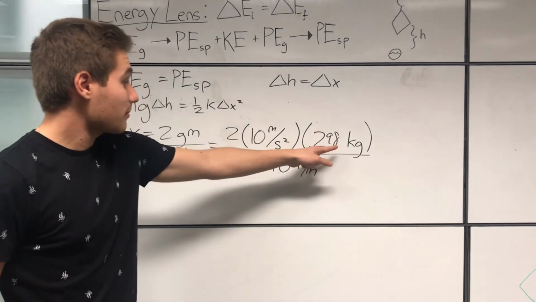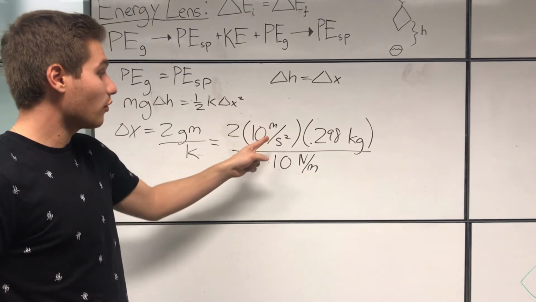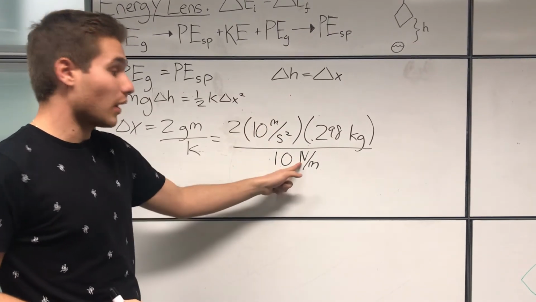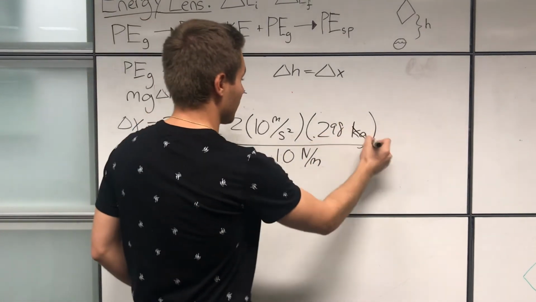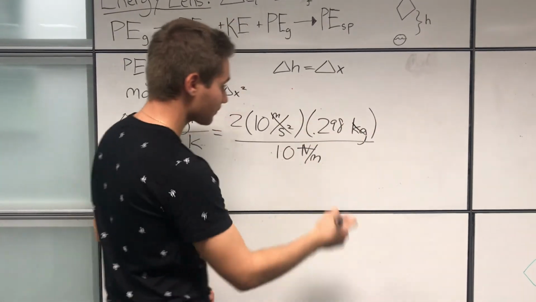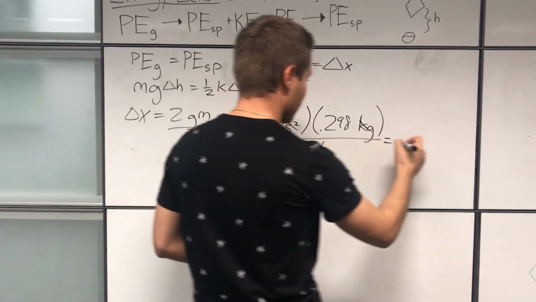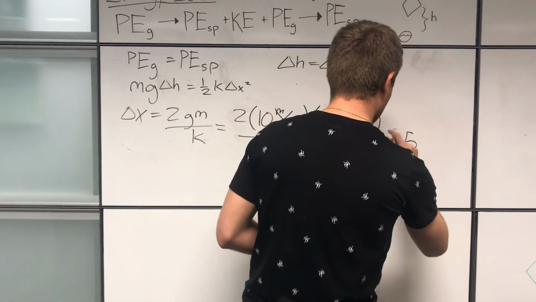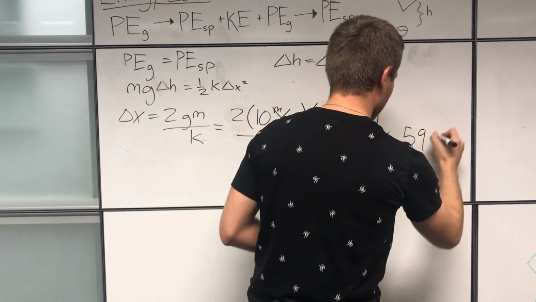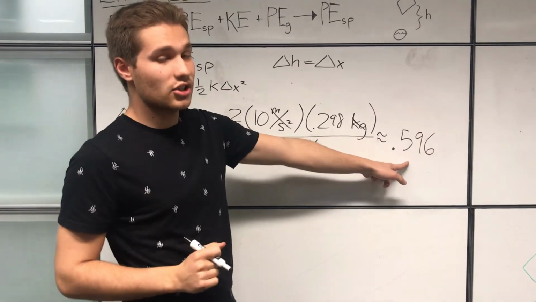Because a kilogram times meters per second squared is equal to 1 newton, we can cancel them out, so our units work out. So this is our change in x.